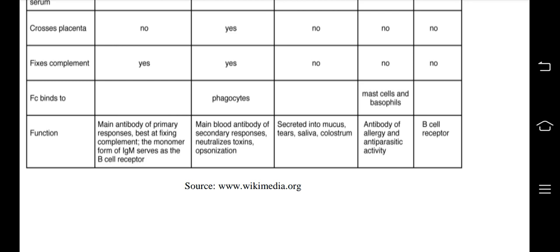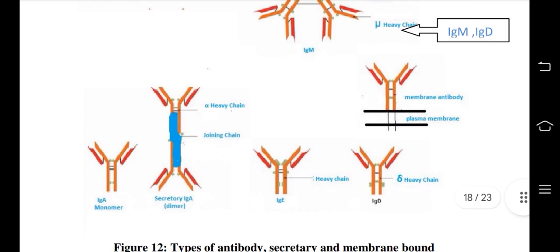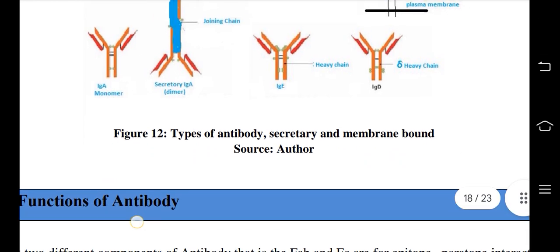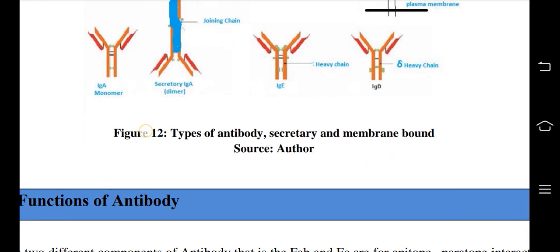IgA is a monomer, and secretory IgA is a dimer with alpha heavy chain and joining chain. Types of antibody: secretory and membrane bound.